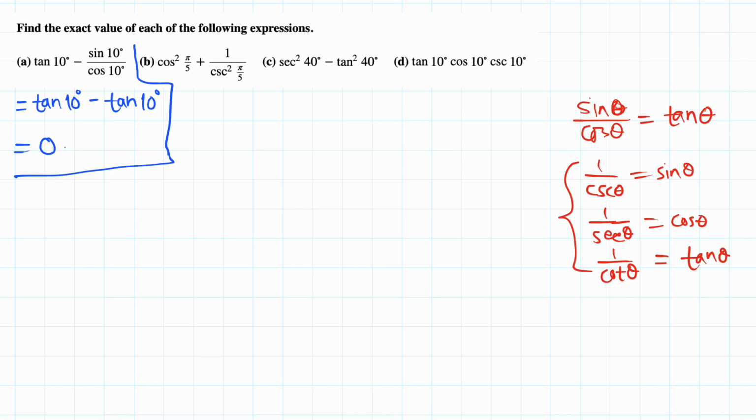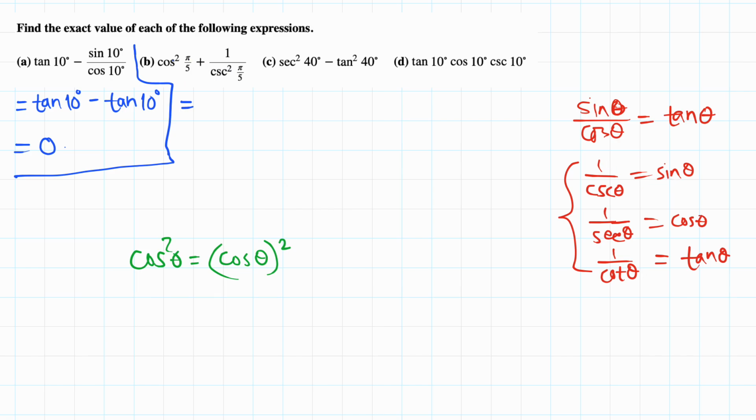This cosecant squared is just a shorthand. Whenever we have, let's say, cosine squared theta, that is essentially cosine theta quantity squared. This is the shorthand notation. So this is 1 over cosecant of that angle, squared. For part B, I want to write down 1 over cosecant, that will be sine.